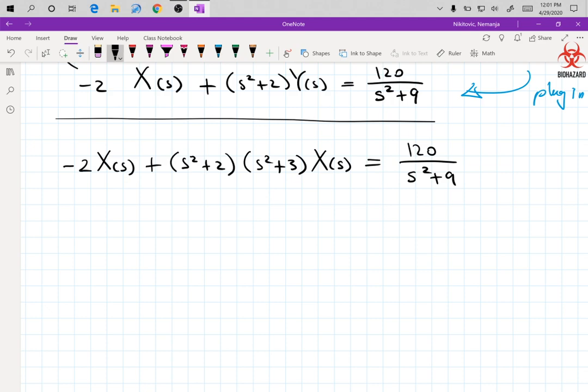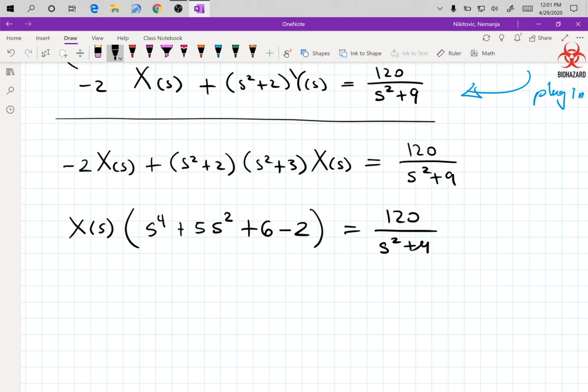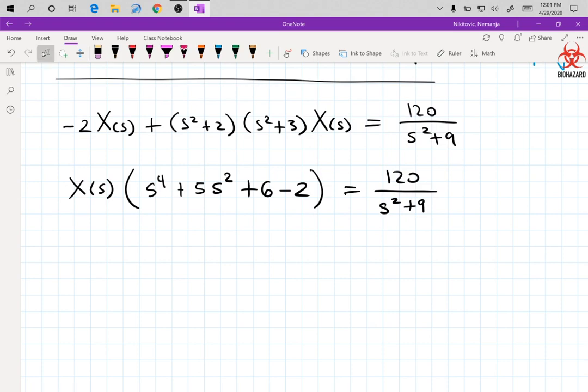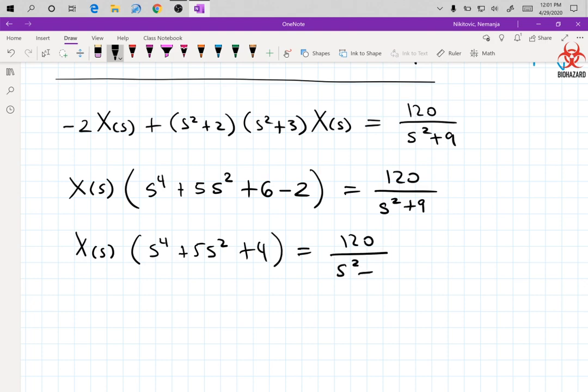So when I factor out x of s, in parentheses I have s to the 4th plus 5s squared plus 6 minus 2 equals 120 over s squared plus 9. That's x of s, and then I have s to the 4th plus 5s squared plus 4, and that factors nicely. So this is where you go woohoo.